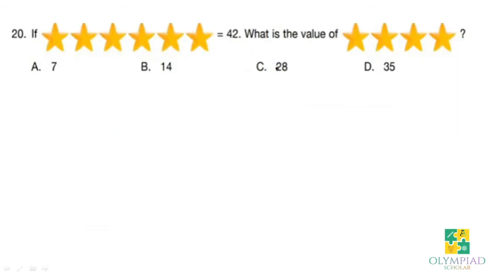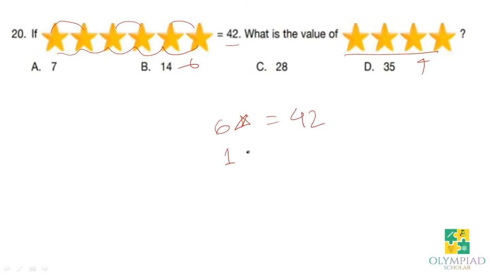Let us check question number 20. Here some stars are given: 1, 2, 3, 4, 5, 6. Correct. So 6 stars is 42. Then what is the value of 4 stars? If 6 stars equal 42, then I need to find out the value of 1 star.